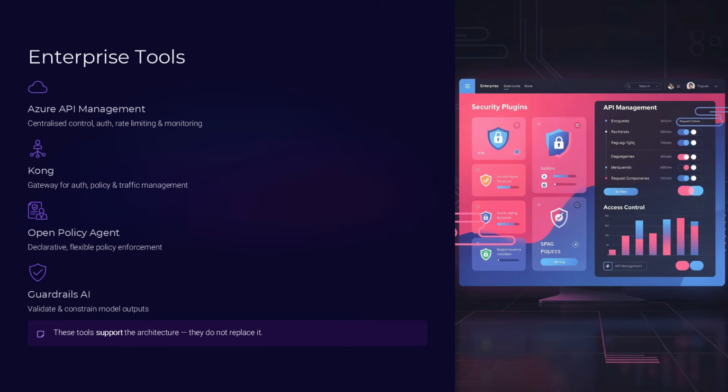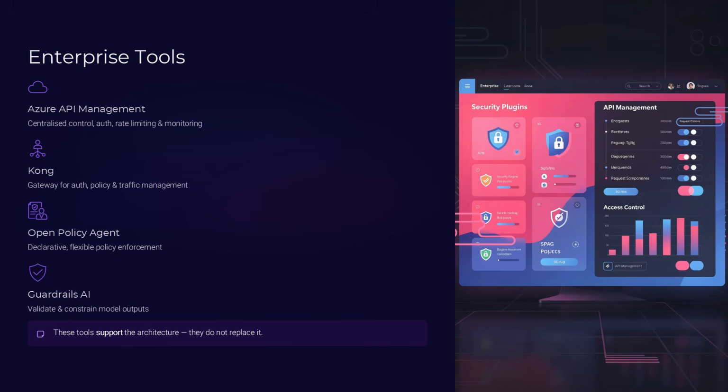Azure Application Programming Interface Management provides centralized control, authentication, rate limiting, and monitoring capabilities for enterprise-scale integrations. Kong provides a powerful gateway solution that can enforce authentication, policy, and traffic management across distributed environments.